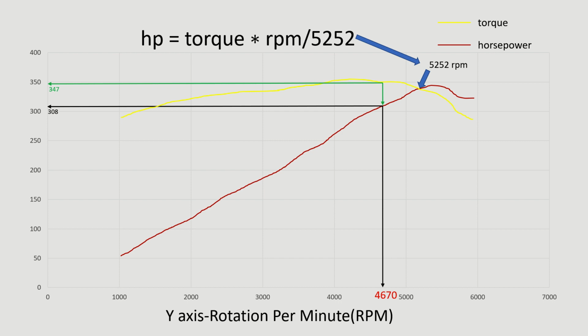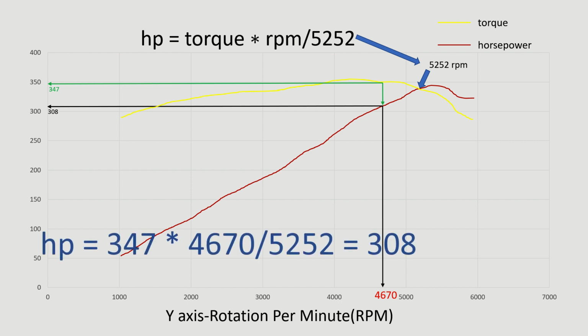In this example it's 347, and the current RPM is 4670, and let's calculate. Here we see that horsepower is equal to 347 times 4670 divided by 5252. It's equal to 308, and we can check this value from this diagram, and we see that it is right. So this formula is always right.